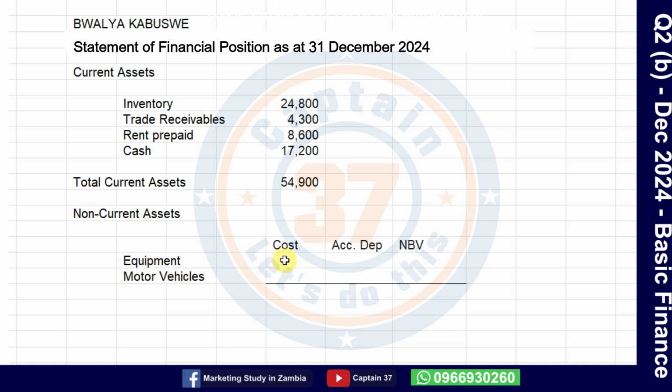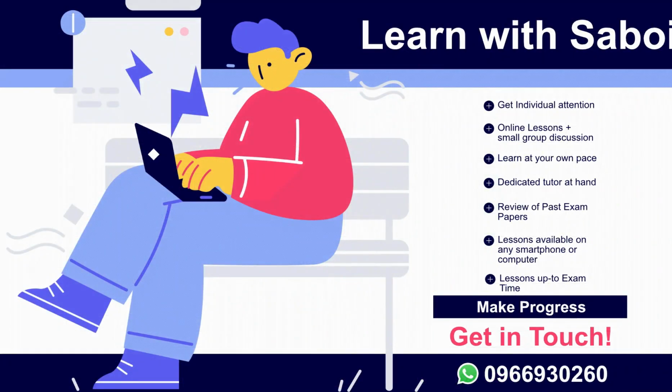The value for equipment is 90,000 kwacha. And then remember, there is depreciation that applies here. After we have depreciated this particular equipment, it gives us 22,500.